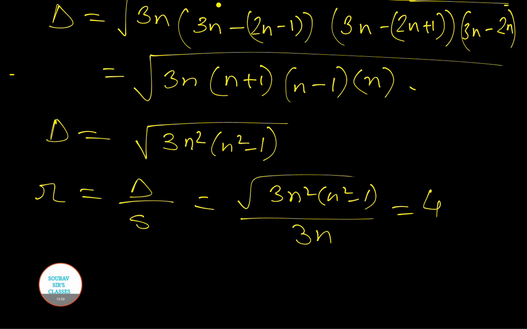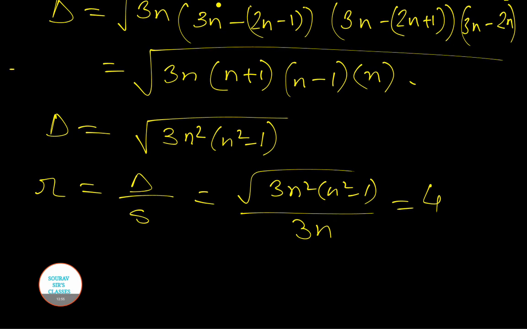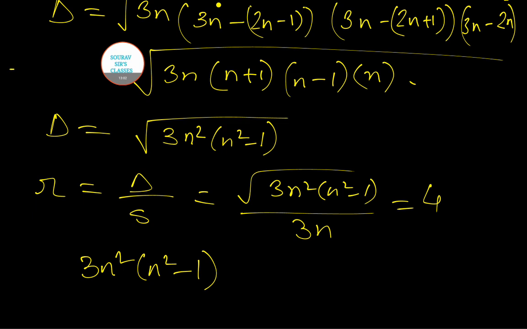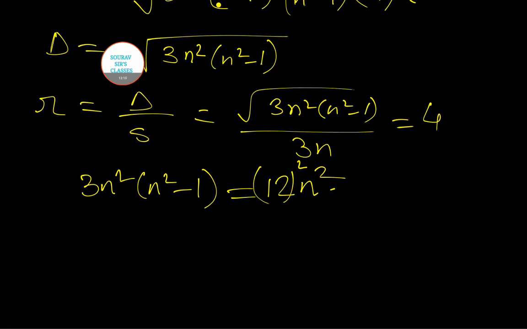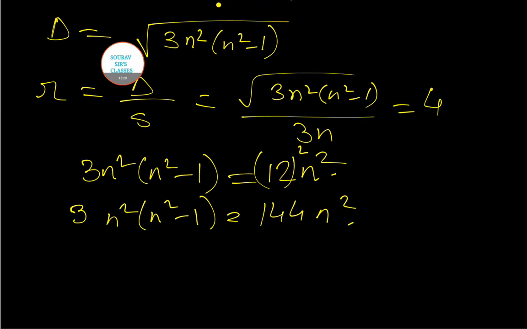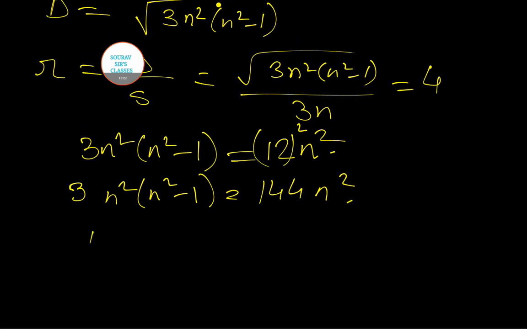Now from this we will try to solve the relation. So this will basically be 3n square, n square minus 1 equals 12n square, that is 144 into n square, and ultimately this will come out as n square minus 1 equals 48.